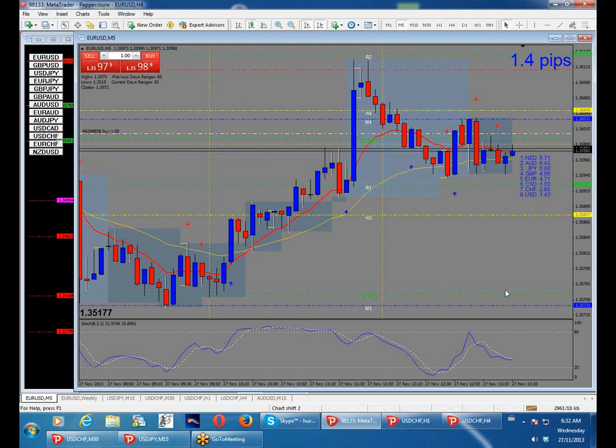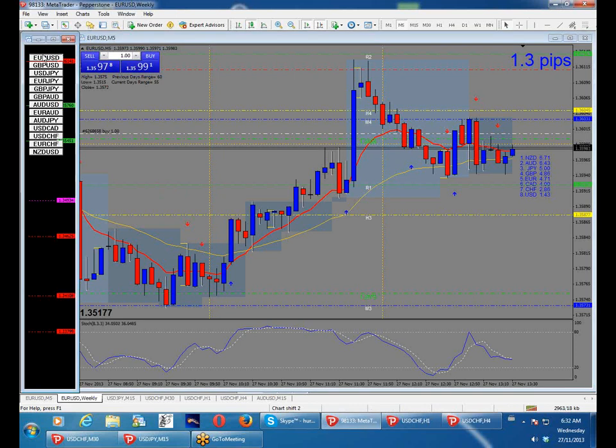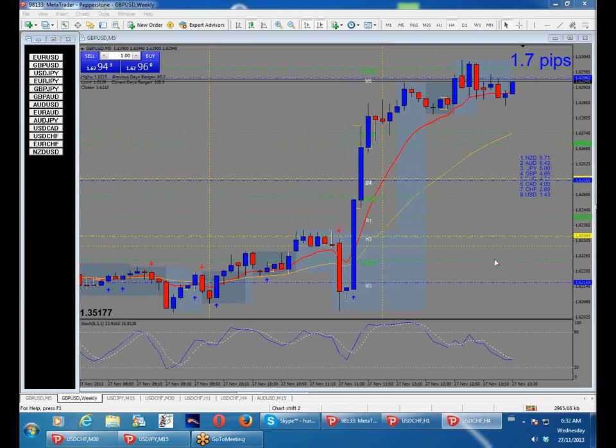This monitor has 2 charts on it, and the other monitor has the 4 of them on it, and every time I change one pair, like the euro dollar, all the other pairs on my other monitor change as well to look at that euro dollar in all the different time frames.